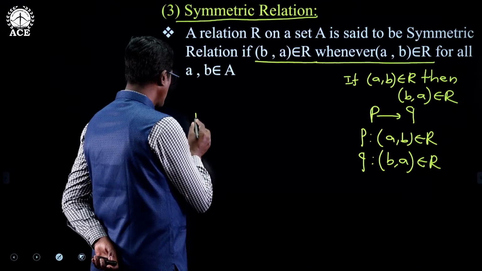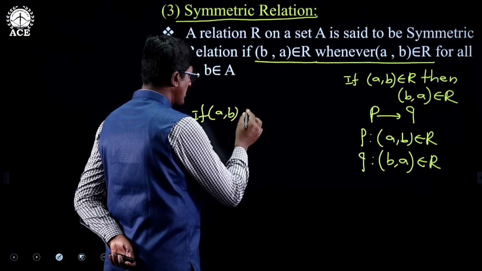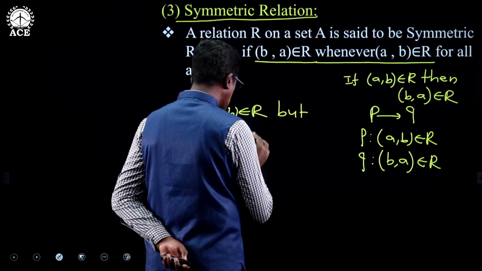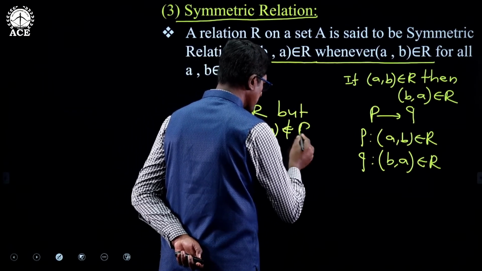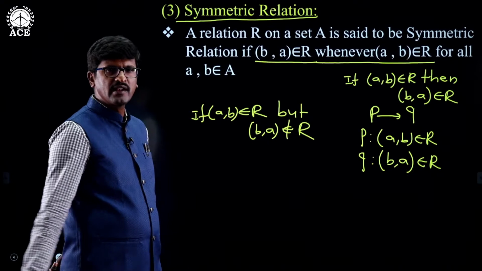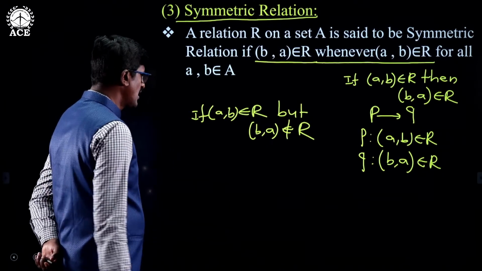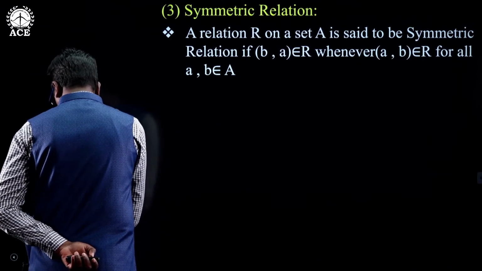For example, if (A, B) belongs to R, but (B, A) does not belong to R, then such a relation is called not symmetric. This is about symmetric and not symmetric relations.